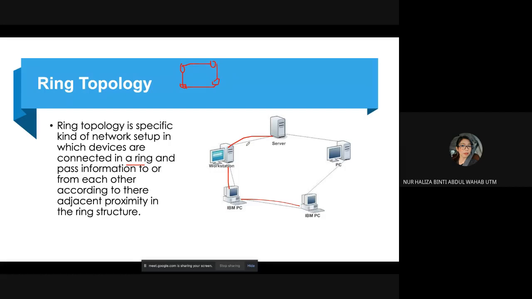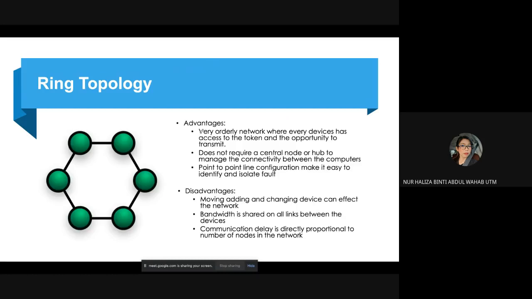So over here also, let's say the advantages are that you can have the device access token, which means all the devices over here can have the opportunity to transmit. Of course, if over here I want to transmit, this is me, I want to transmit to somewhere here, I will send my information or my messages or my data through all the nodes inside.